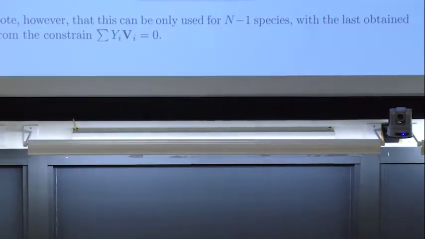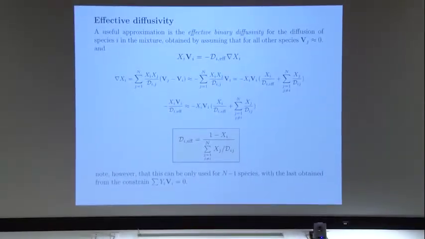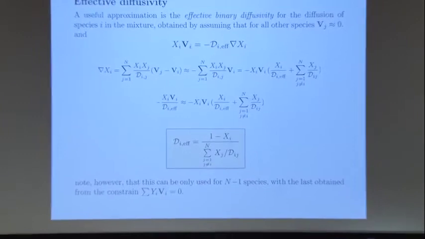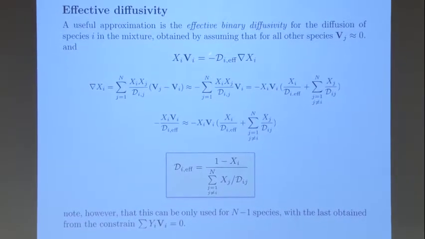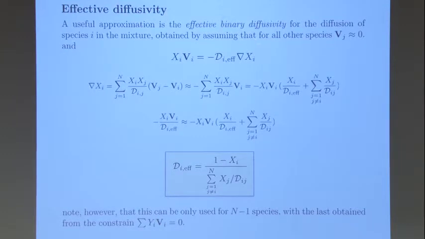Another way to use an approximation is the so-called effective diffusivity. What you assume there is that only the diffusion of species I is in the mixture, but all the other V_j are approximately 0, are very small.